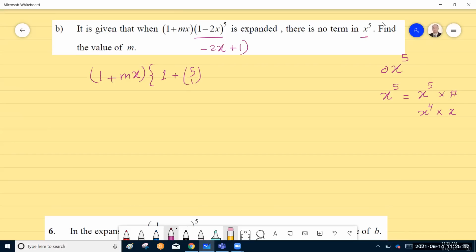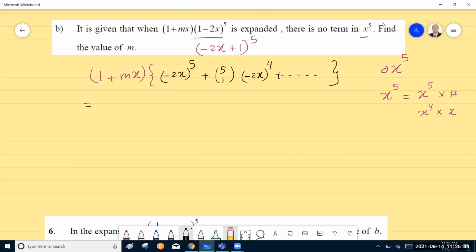Of course, I can commute the addition. Why do I do this? It's easier to get the first term directly. The first term here is negative 2x to the power 5. I need this one. Plus I also need the next one, which is 5c1 times negative 2x to the power of 4 into 1. No need for the remaining terms.